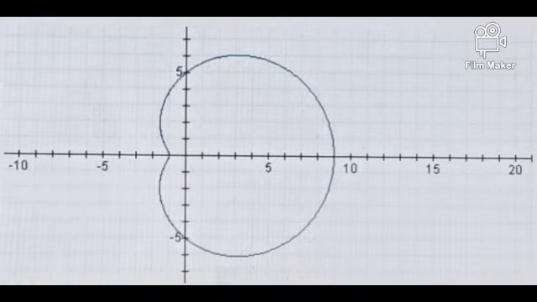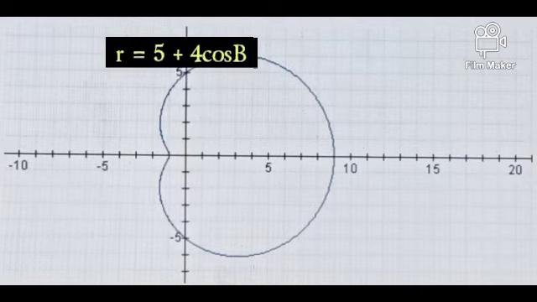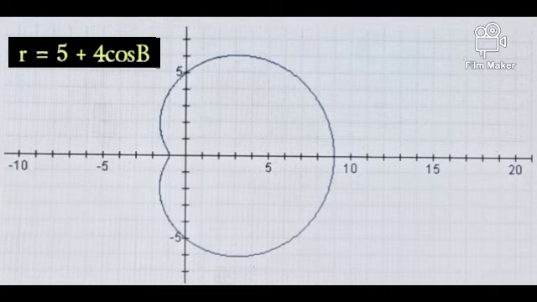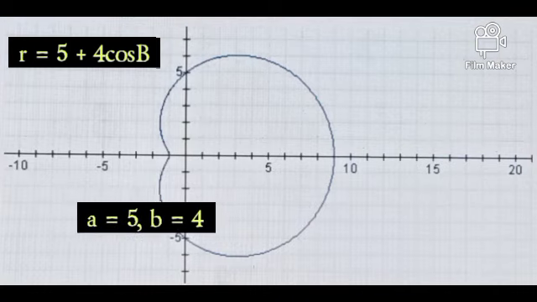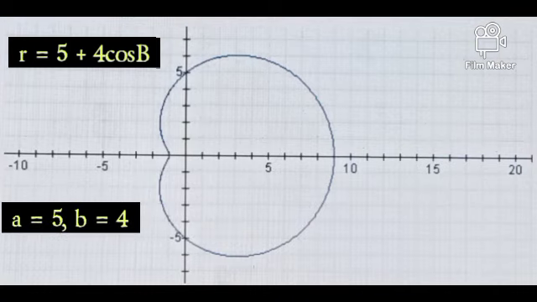Another example of a limacon is the graph shown in the diagram. As you can see, the limacon has no loop, and this limacon shown in the diagram has polar equation r = 5 + 4 cos θ, where the value of a is 5 and the value of b is 4.